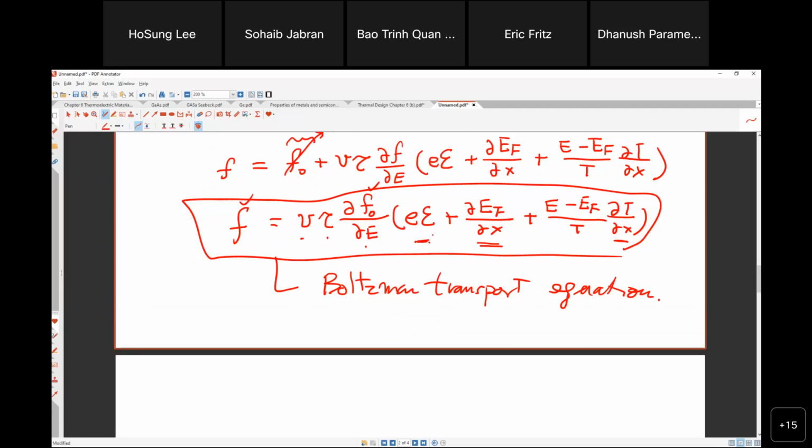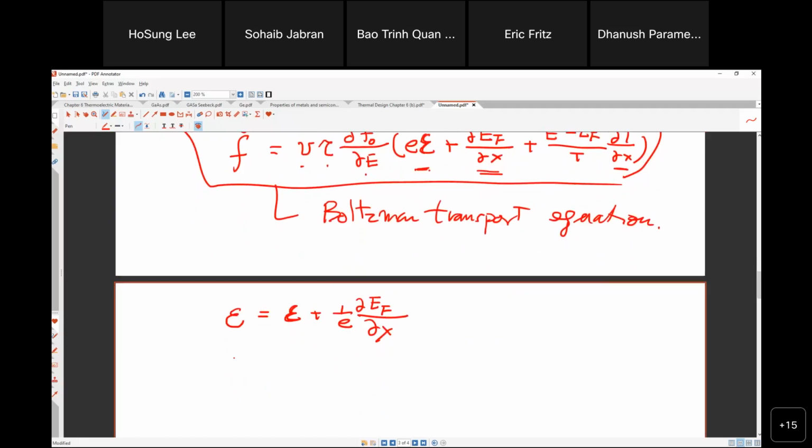So even this general electric field, general electric field is the external one, I can use a little block, external, plus 1 over electron Fermi energy gradient.